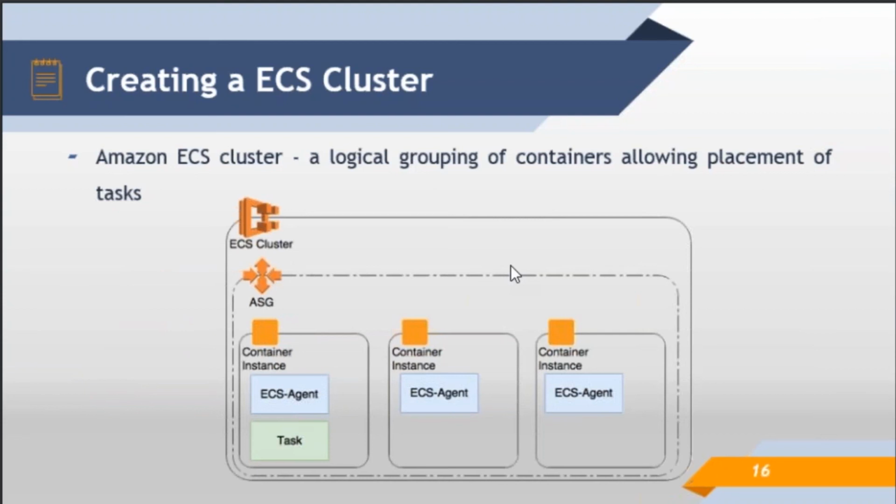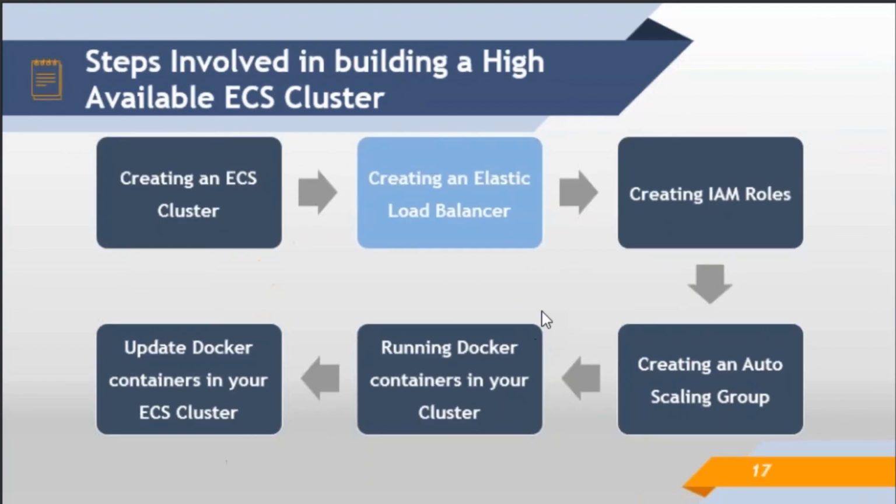So what is a cluster? Basically, it is a logical grouping of containers that allows the placement of tasks. And the tasks are the part of the cluster that performs certain operations, like the Apache task, which will do things that we mention in the configuration file.